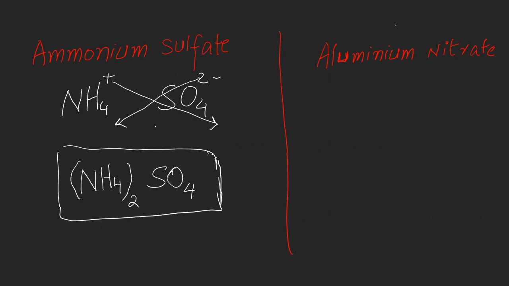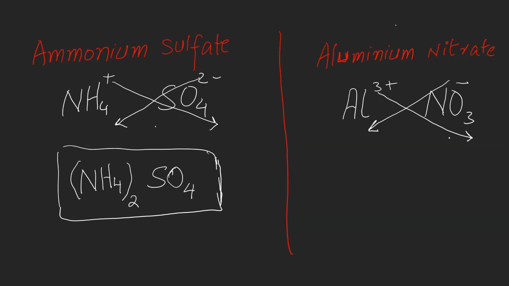Let's see another example. From the periodic table, we know that aluminum is 3+, and nitrate is NO3 and -1. Now, the crisscross method says that this 3 goes outside the nitrate, and similarly this 1 comes here. But like I mentioned before, this 3 of aluminum cannot go next to the 3 which is already there.